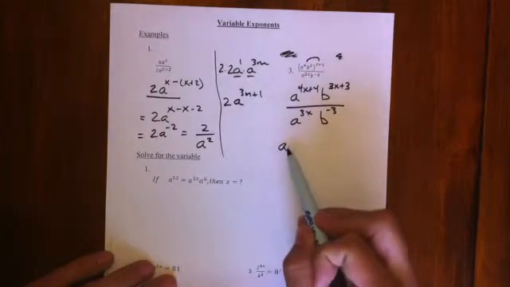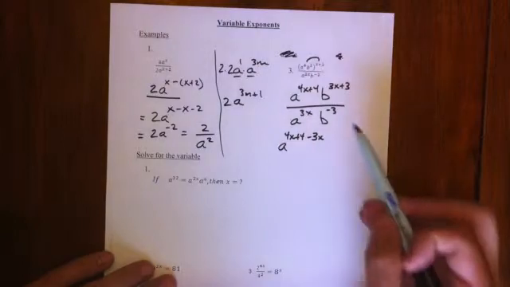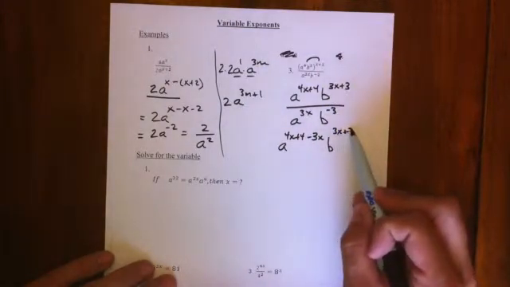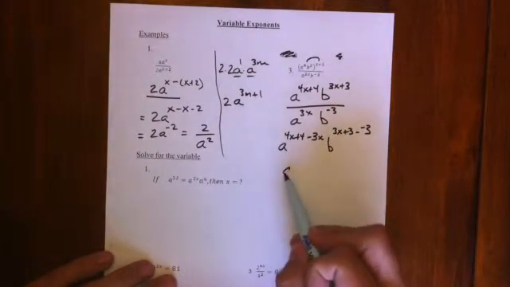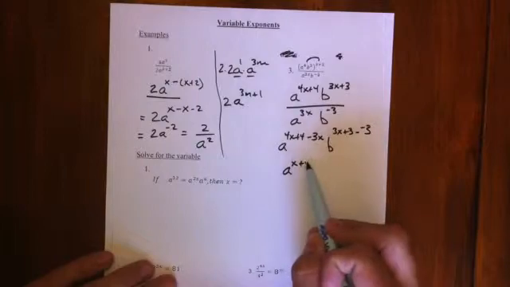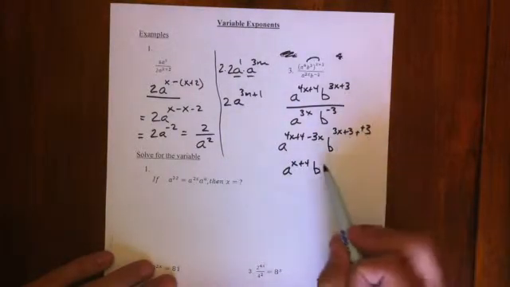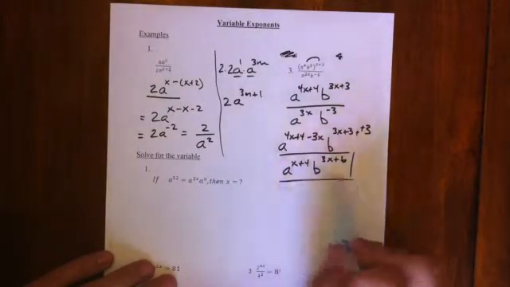So it becomes a to the 4x plus 4 minus 3x. Combine these, it becomes b to the 3x plus 3 minus negative 3. So simplify, it becomes a to the x plus 4, b to the 3x plus 6. And there you go.